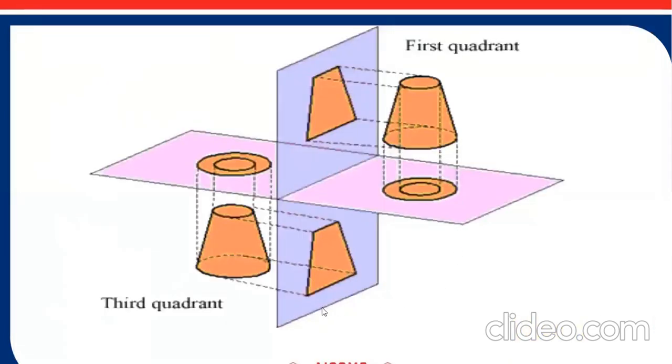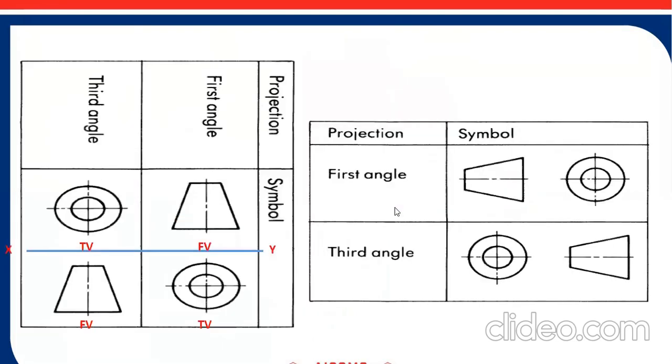If I turn the plane, these two circles, the top view, are below the XY line, and this shape, the front view, is above the XY line. In the case of the third angle method, if I turn this plane in the clockwise direction, these two circles are above the XY line and this view is below the XY line. Now you can see in the first angle method, this is the front view and top view. These are the symbols we are using. In the first angle method, above the XY line is the FV, front view, and below is the top view.